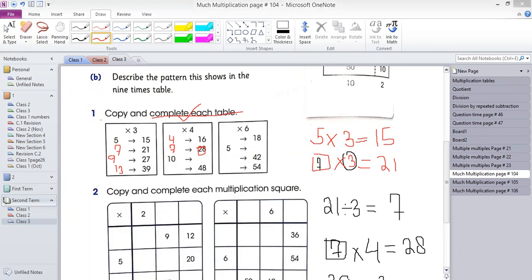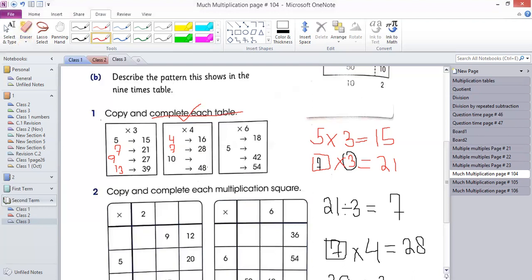Good. Now we finished 4 multiplied by 4 is 16, 7 multiplied by 4 is 28, and now this number is missing. So you don't need to divide. Simply multiply this 10 by 4. Yes, guys, 4 times 10 is equal to 40.